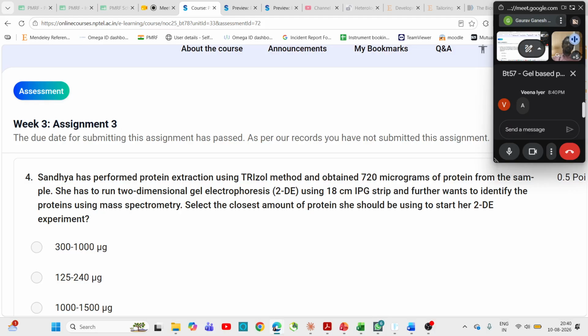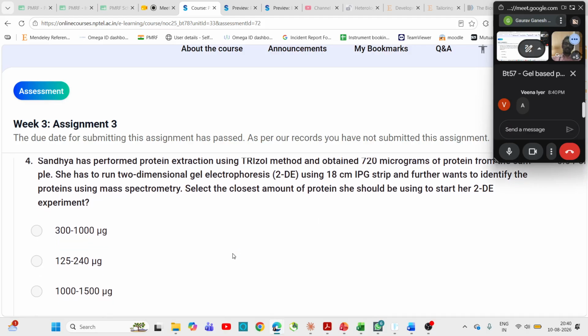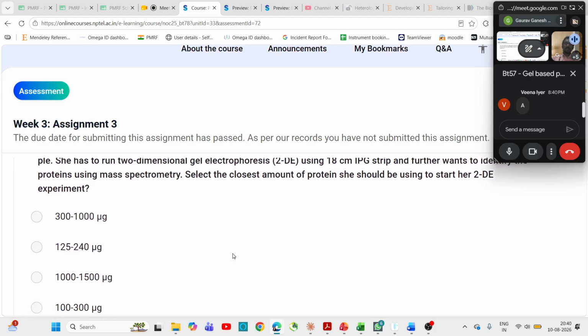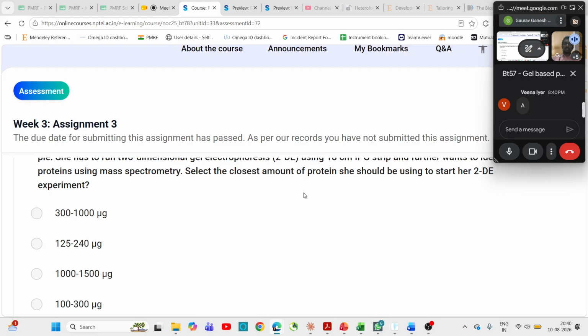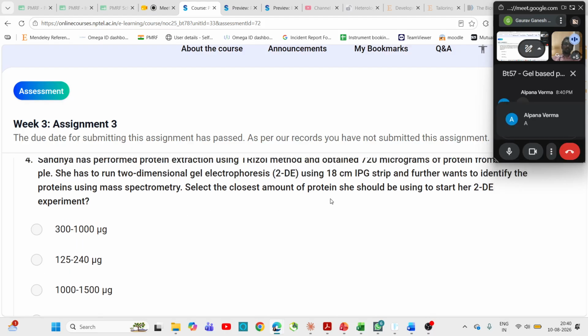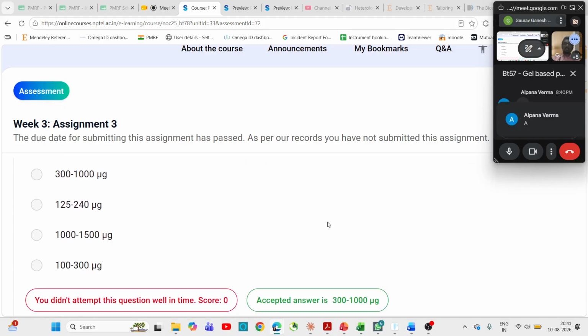Select the closest amount of protein she should be using to start 2D. Okay, when I was explaining, I just talked about microliters, but along with that, there was micrograms also written in that slide. So, how much amount of protein she needs to use? If the strip is 18 centimeter, it's 300 to 1000 microgram.